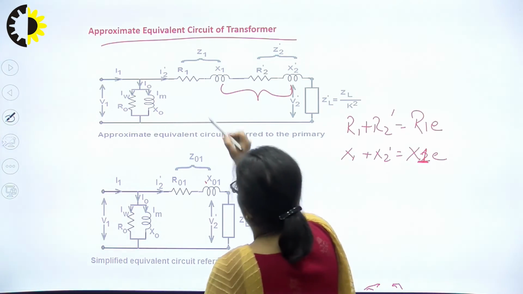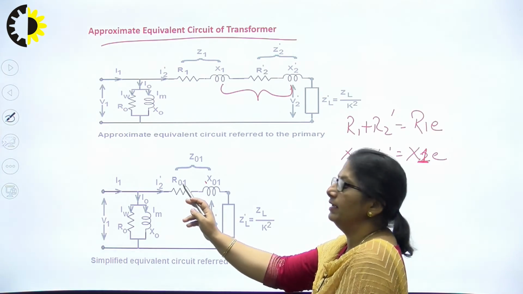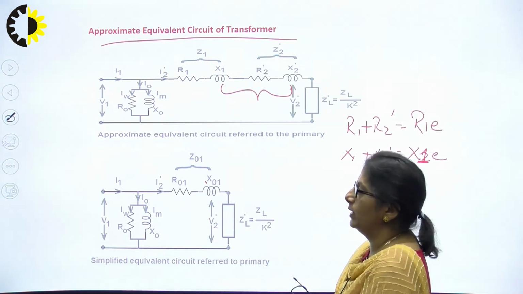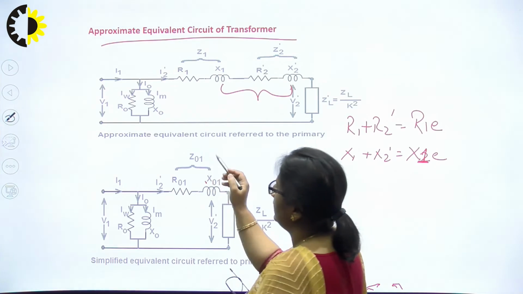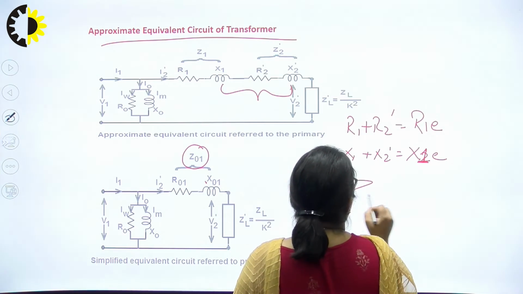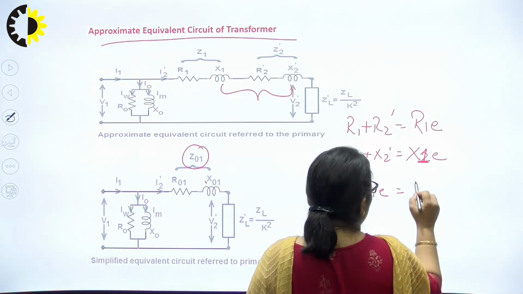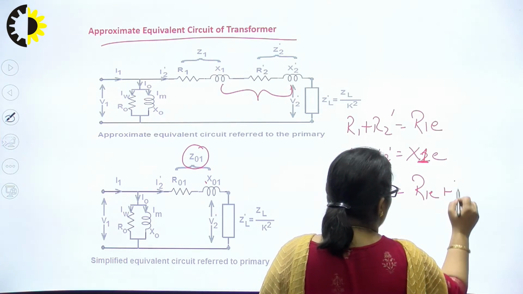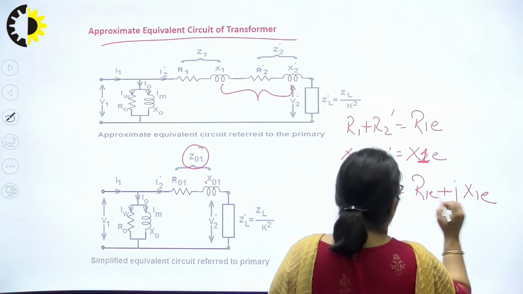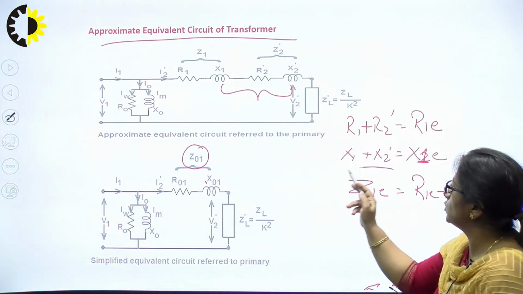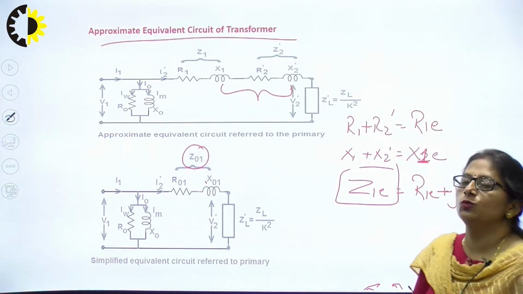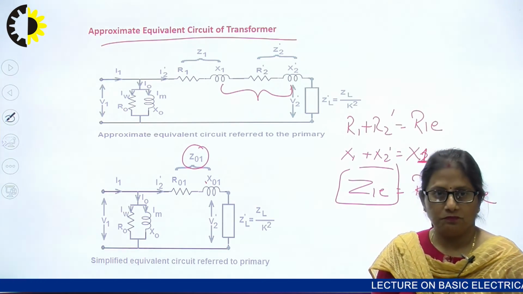Combiningly, these two, R1E and X1E, will give me Z1E, that is the equivalent impedance of the transformer referred towards primary, right?